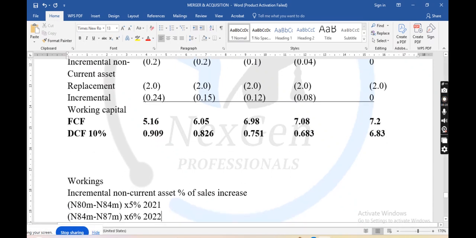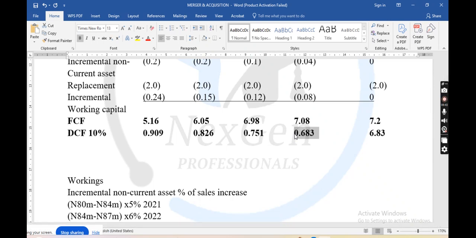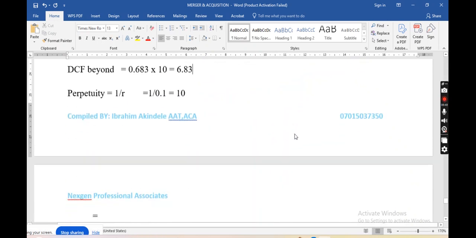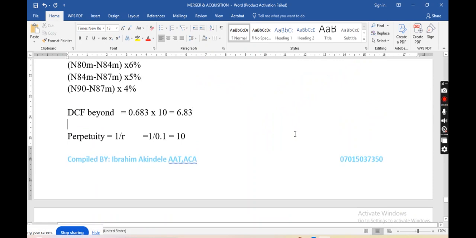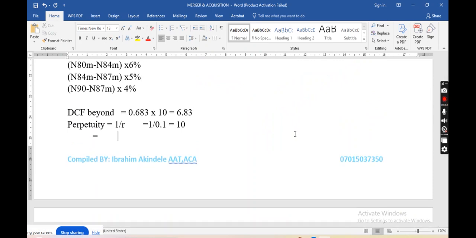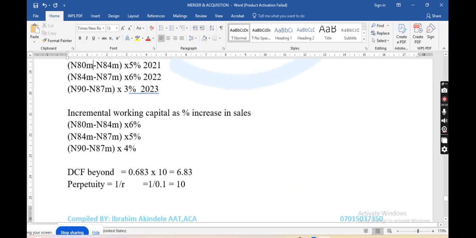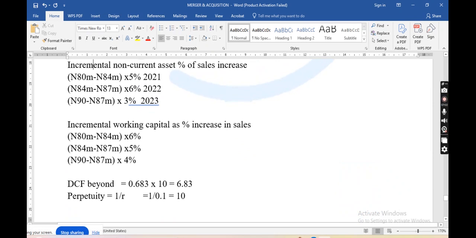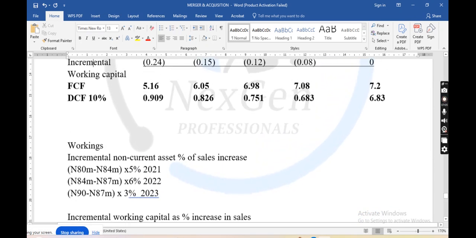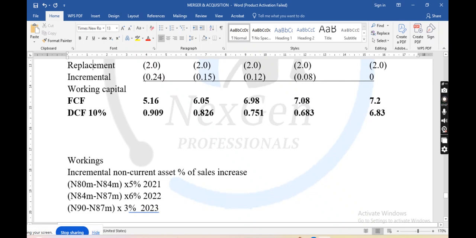Don't forget the usual way: we normally pick the last DCF, multiply it with the perpetuity figure, and once you multiply it, you have your DCF beyond. Any day, anytime you want to do that for DCF, this is what you will use. Pick the last DCF, multiply it by the perpetuity, then you have your DCF for that, right?